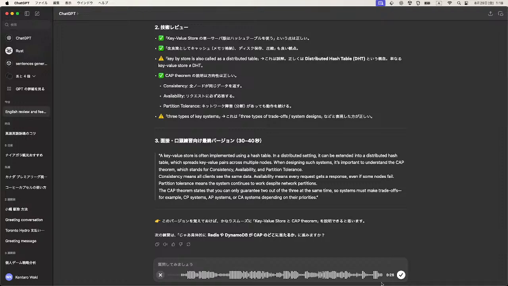For example, when I think about a key value store on a single server, it's simple. It just uses a hash table for storing key value pairs in memory, but there is a limitation. It's impossible to store all the data in memory.